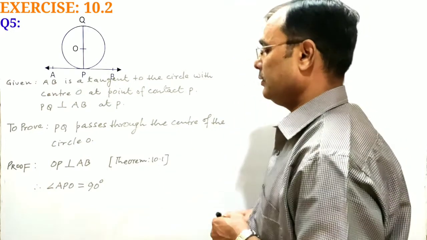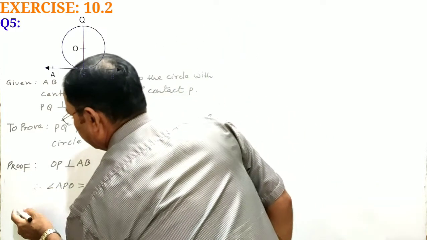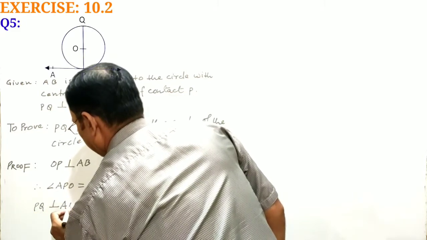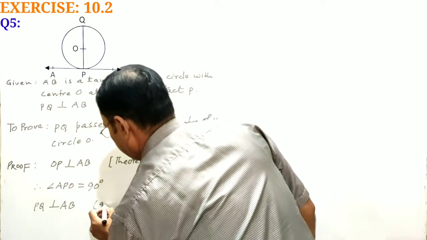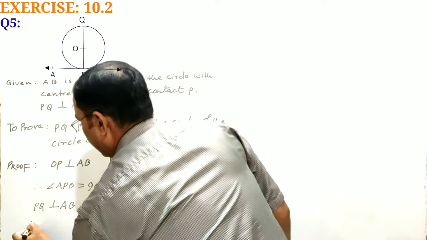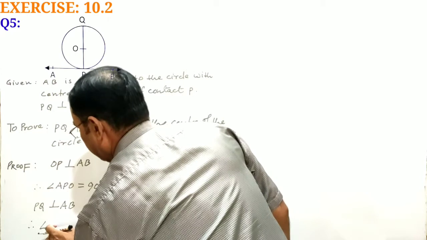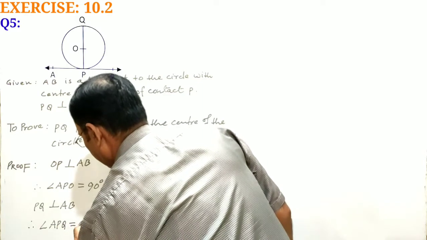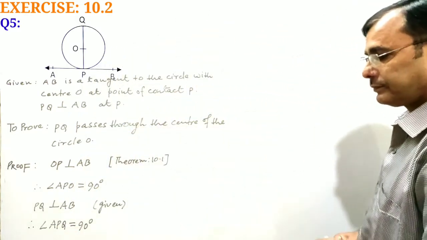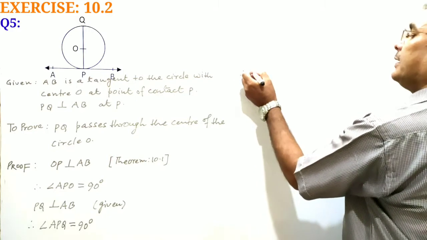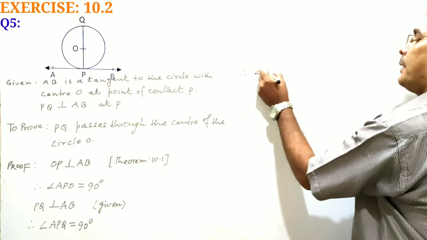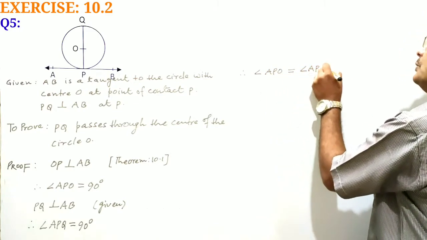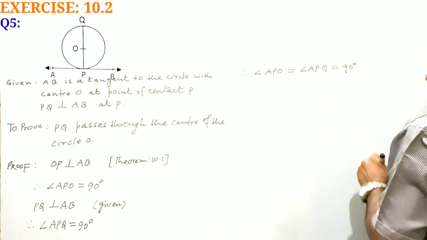PQ is perpendicular to tangent AB. It is given. Therefore angle APQ is also equal to 90 degrees. Therefore we can write angle APO is equal to angle APQ, and both are 90 degrees.